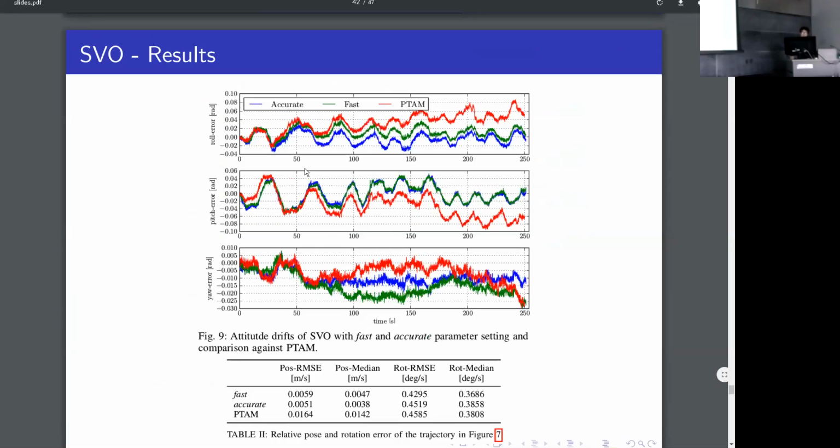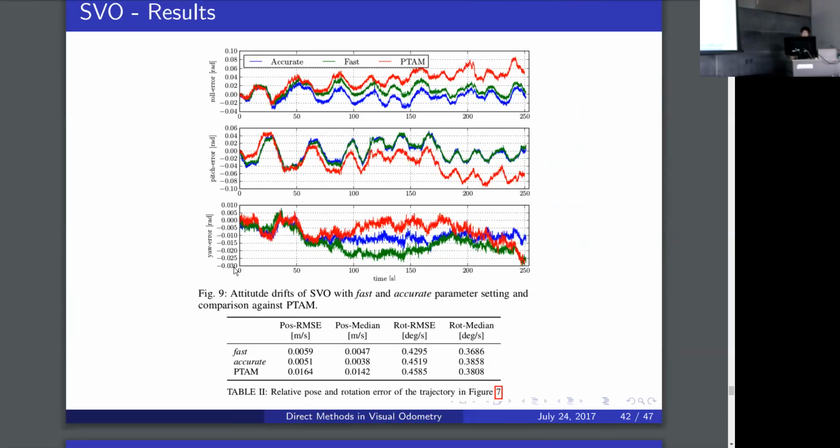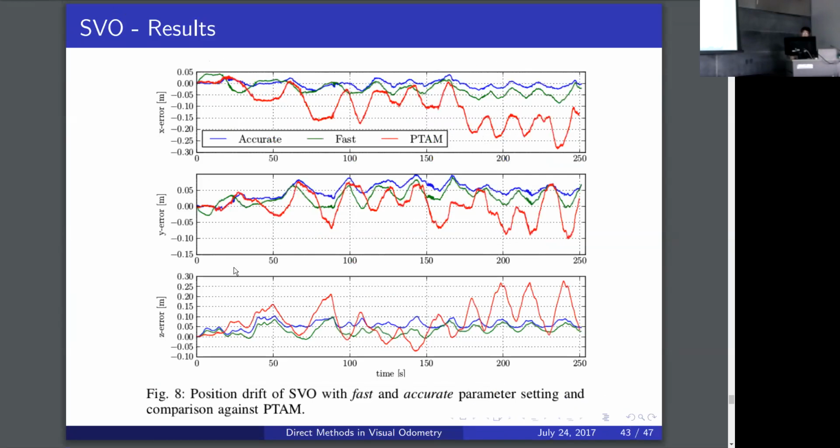And the authors compared it using the accurate and fast parameters, where both outperform PTAM in terms of magnitude errors as well as position errors.